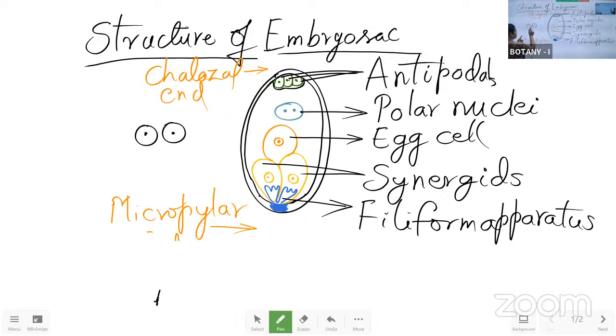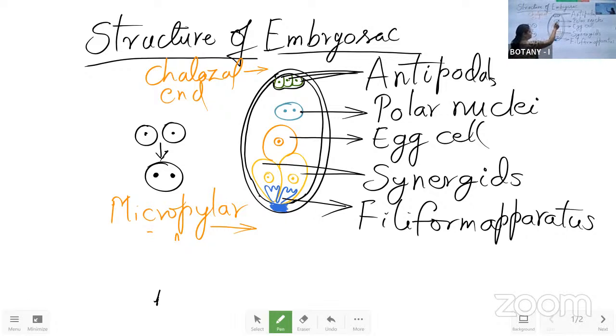They will fuse together to form only one cell. That is, cytoplasmic fusion occurs over here, but the nuclei are free only. So in one single cell, two nuclei we can see. That is the central cell.